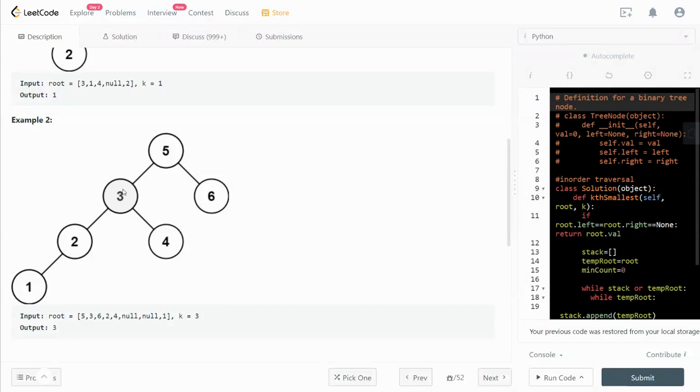Everything on the left is smaller than 5, and everything on the left over here is smaller than 3. 1 and 2 are smaller than 3, and things on the right of the 3 are bigger than 3. In this branch, it's only one leaf node, but everything on the right has to be greater than 5. In this case, even though there's only one node, it's greater than 5.